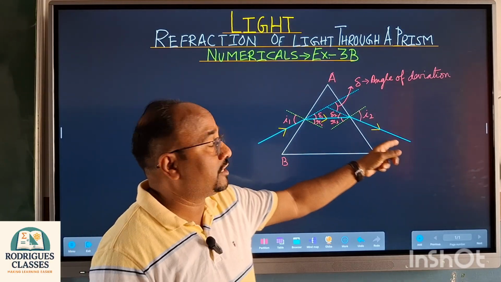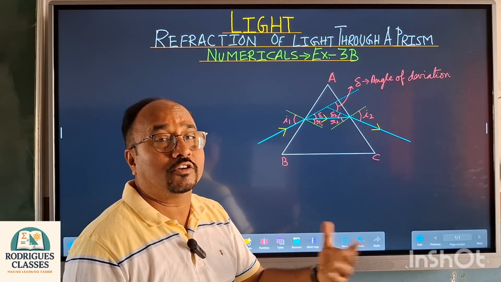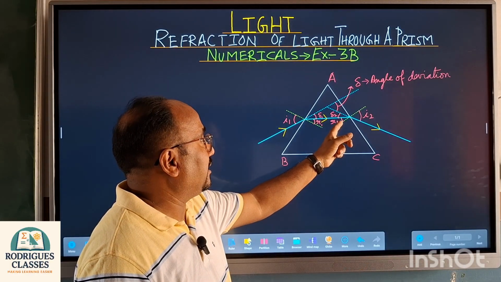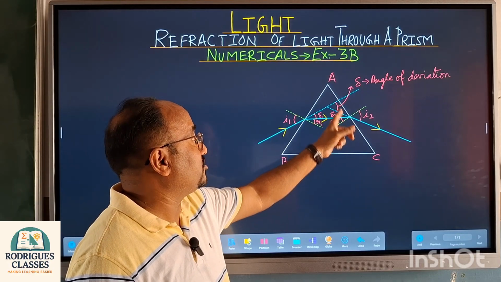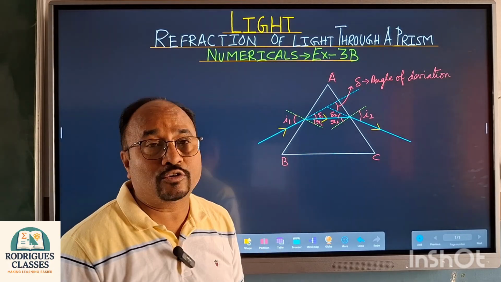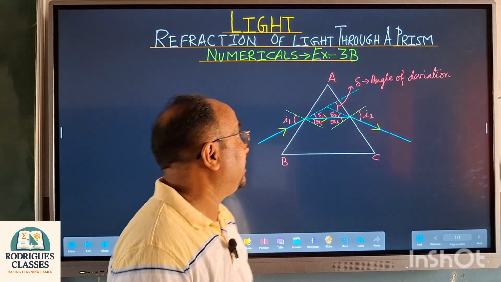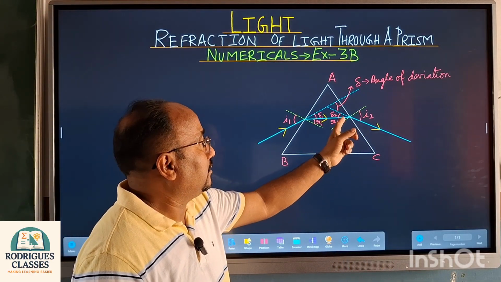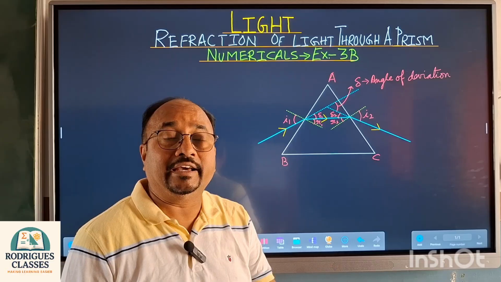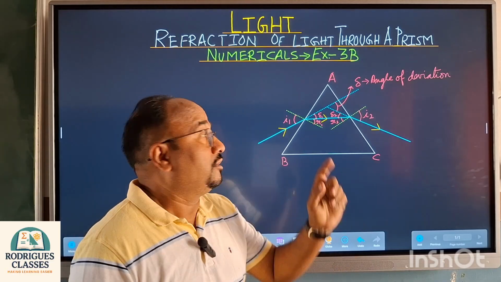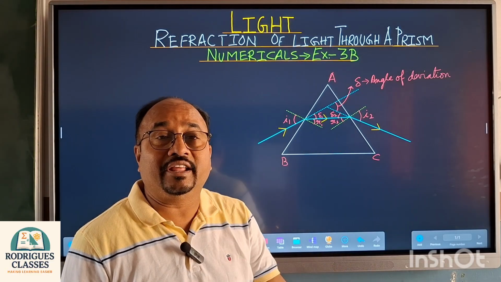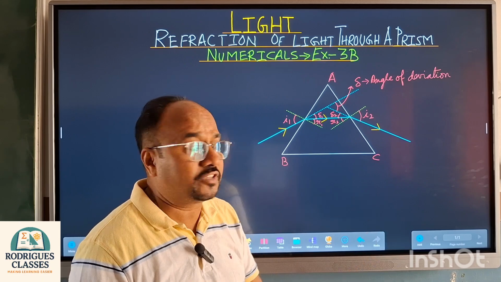So this ray of light is moving away from the normal. The angle made between the normal and the incident ray at this surface is R2. Okay, that is the angle of incidence at the second surface, that is AC. And I2 is the angle of emergence. Delta 2 is the deviation taking place at this surface.